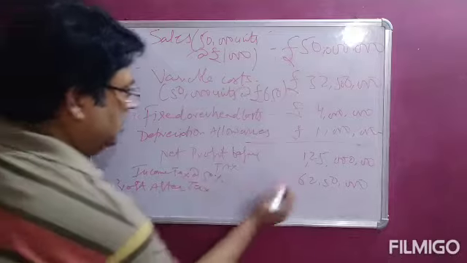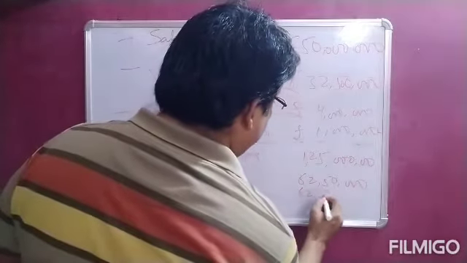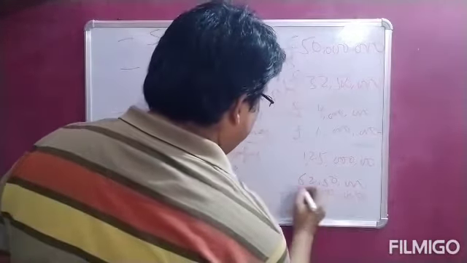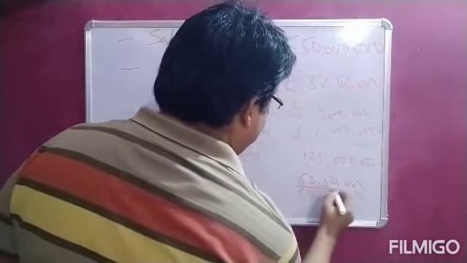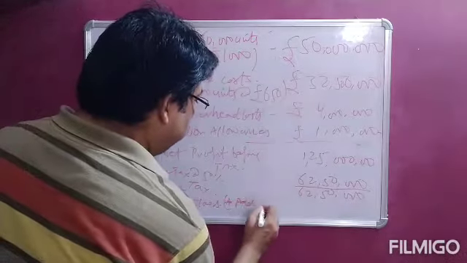the same amount, 62 lakhs 50,000. And then you know that to calculate cash from operating activities, or operating cash flows, we need to add depreciation back. So to this figure, profit after tax, we will add depreciation allowances.